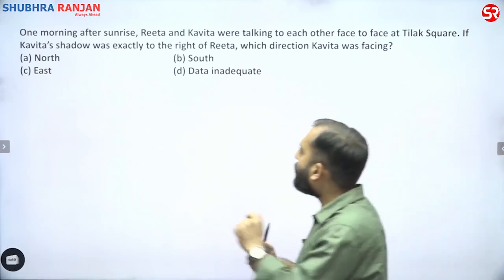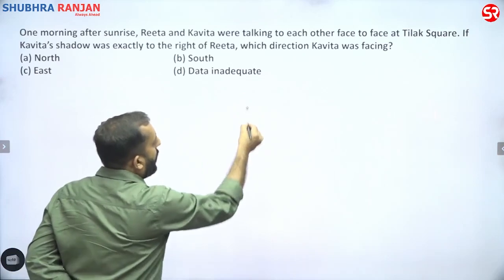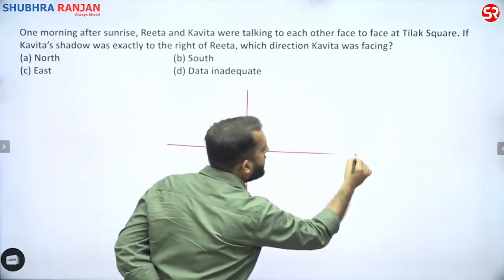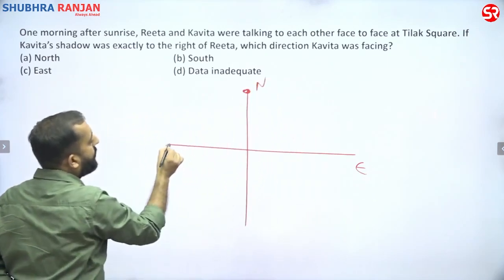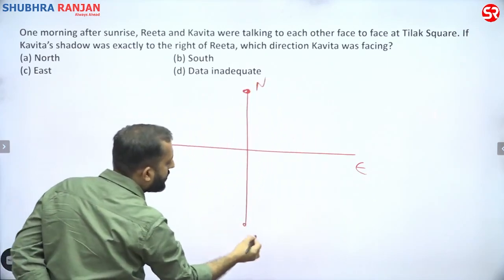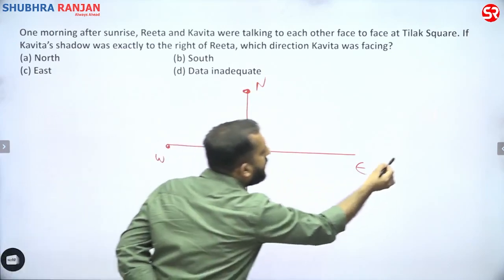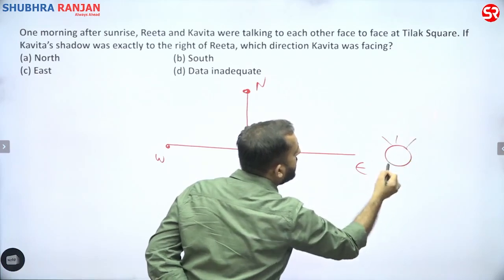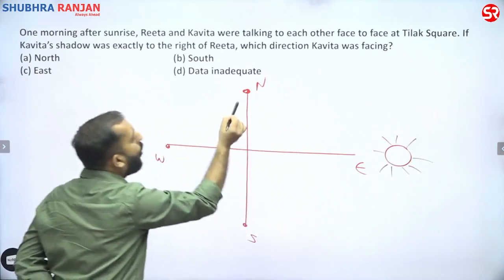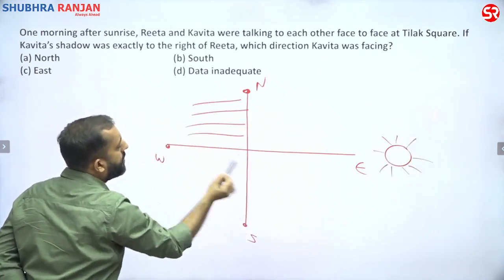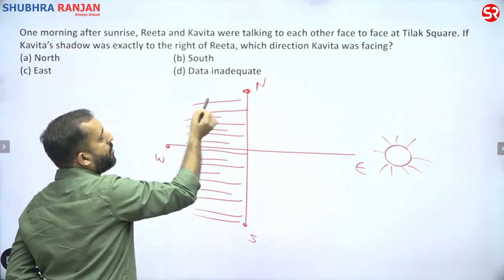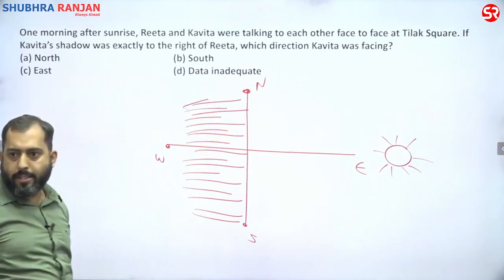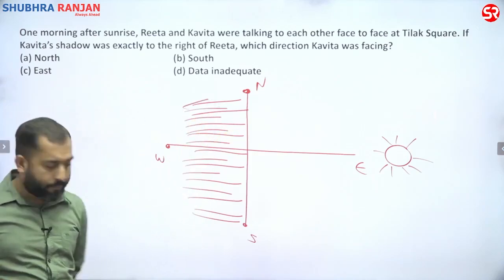Now listen. So this is east, this is north, west, and this one is south. So the sun is in the east, so definitely it is sunrise, so definitely the shadow will fall towards the west, like this. This shadow will fall towards the west, right?